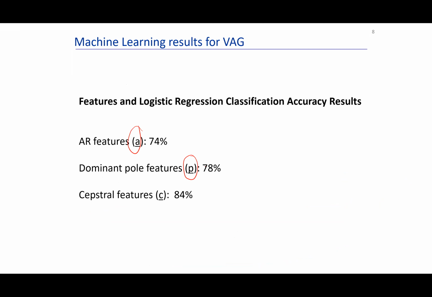Just by using a simple nonlinear transformation of those coefficients, we got the Cepstrum coefficient C, and it gave an accuracy rate of 84%. So what it's telling is that good feature extraction with the same machine learning, because the machine learning approach in all these three cases is the same, has allowed us to get a better result. And that slightly better result of 84% is coming because of the simple non-linearity we introduced in the system.